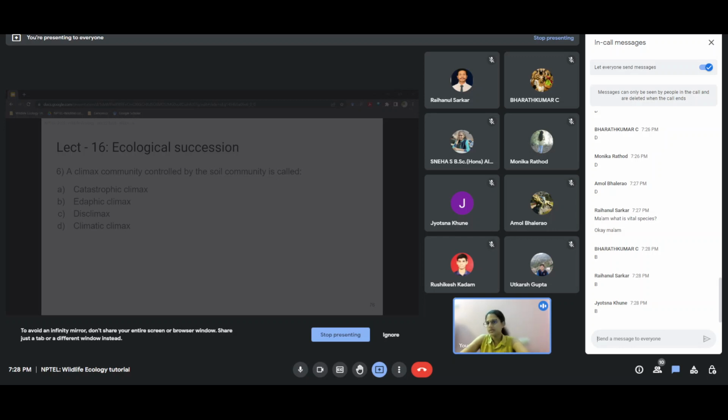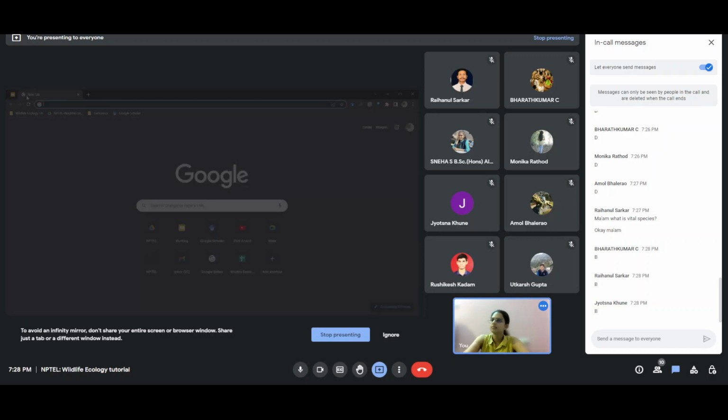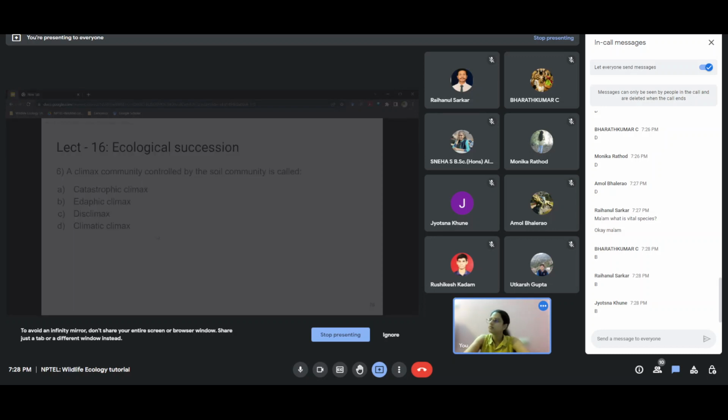Does anyone want to explain any of the other kinds of climax communities? What is a catastrophic climax? Yes, correct.